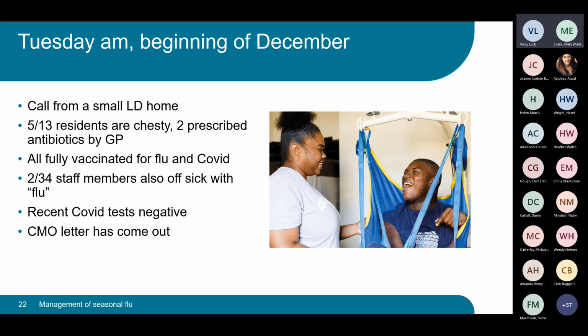All are fully vaccinated for flu and for COVID. And 2 out of 34 staff members are also off sick with flu. Recent COVID tests are negative and the CMO letter has been issued. What would we do next?